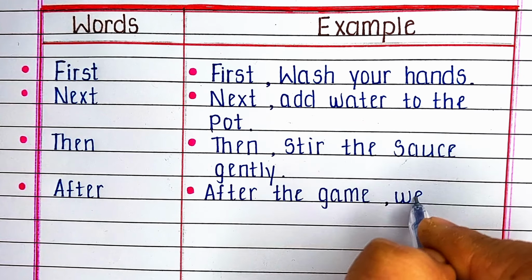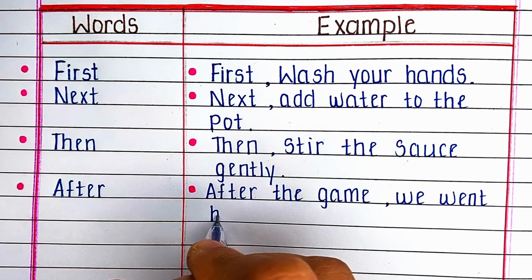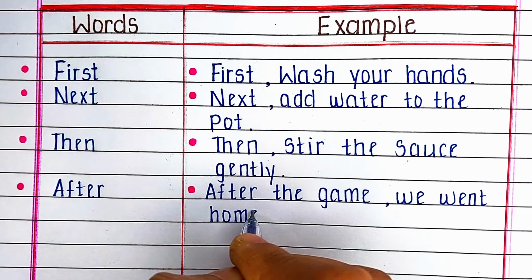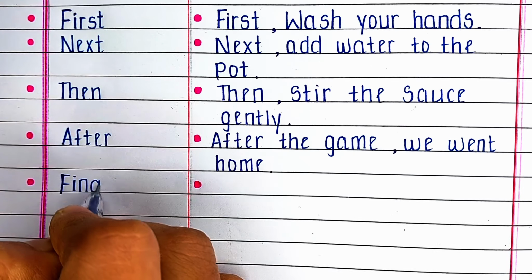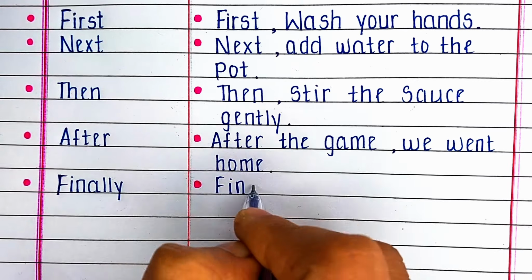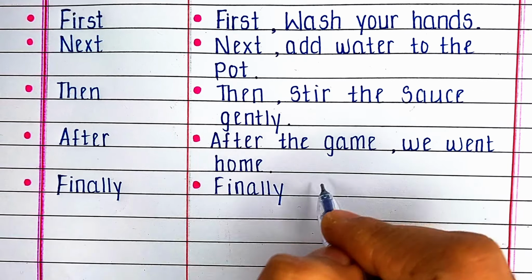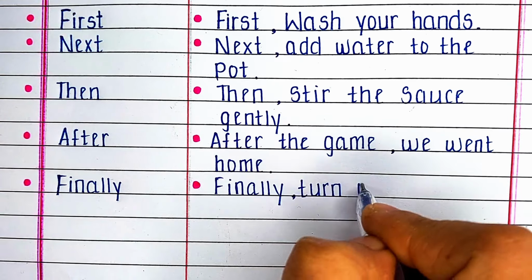Next word is after. Example is after the game we went home. Next time transition word is finally.